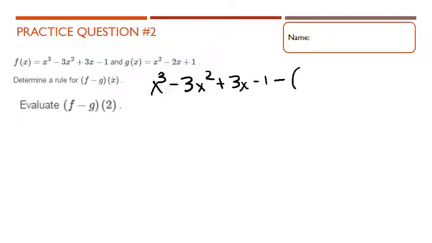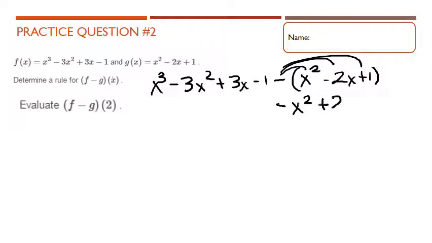And then you're going to subtract, and I'm going to put this in parentheses because you have to distribute that minus. Minus the g, so that's x squared minus 2x plus 1. All right, now distribute that negative. You're going to get a minus x squared plus 2x minus 1.